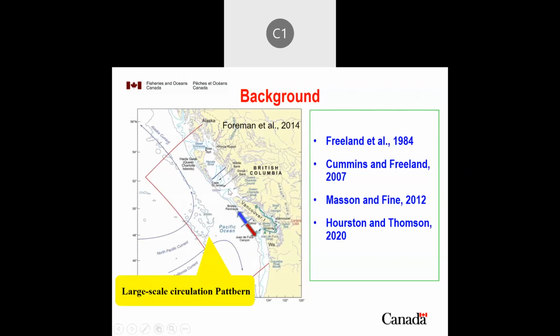And over the shelf edge and continental slope, the flow is a little bit more complicated in terms of this mean circulation pattern. In the wintertime, the flow is poleward, and in the summertime, it's equatorward, because this is kind of a confluence or transitional area.